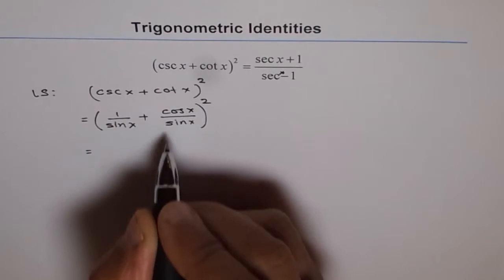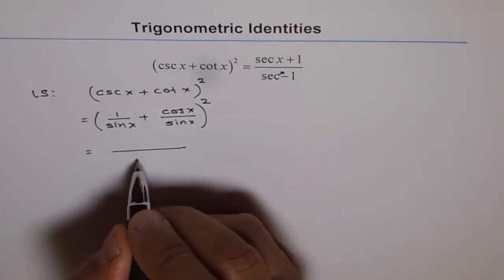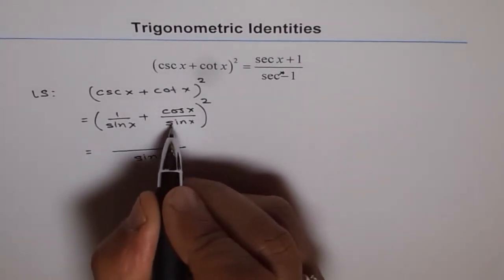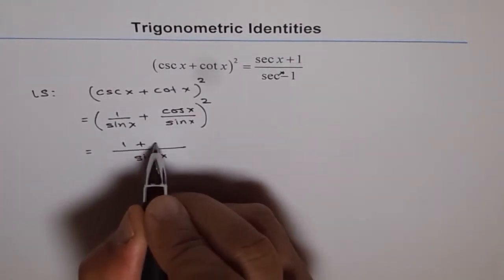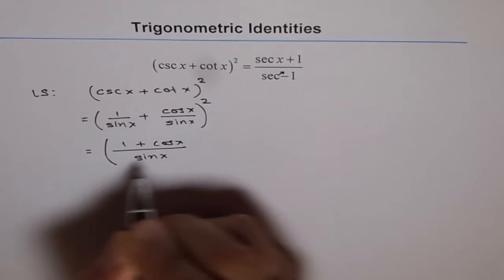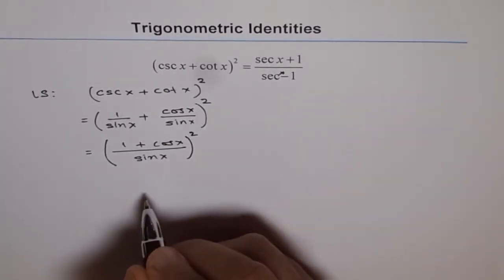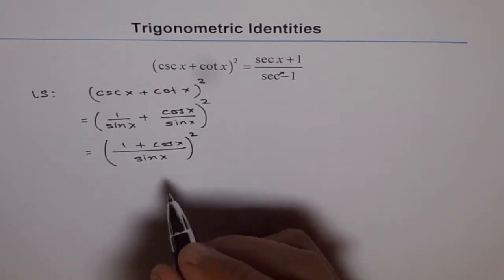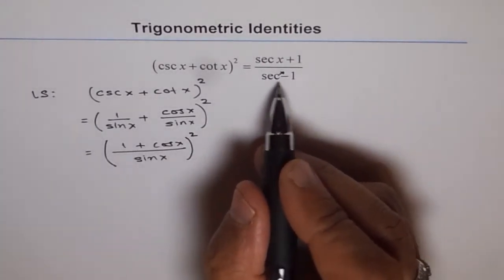So we have sine x as a common denominator, and the numerator becomes 1 plus cos x whole square. Correct? So what we are looking for is secant x minus 1.